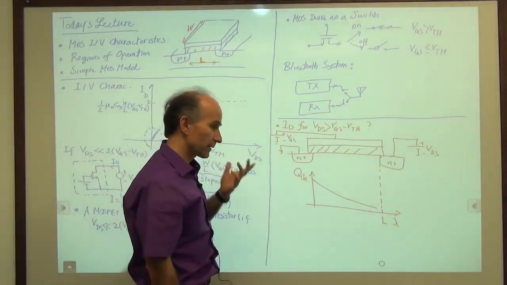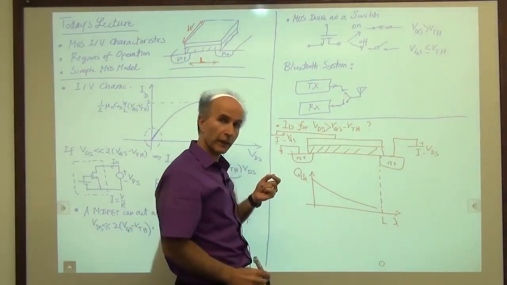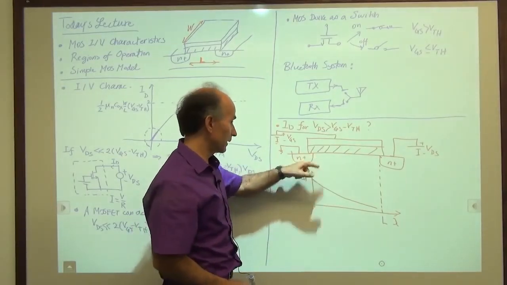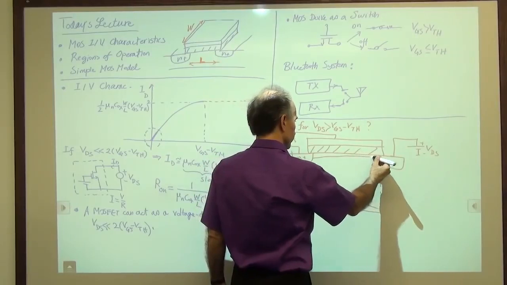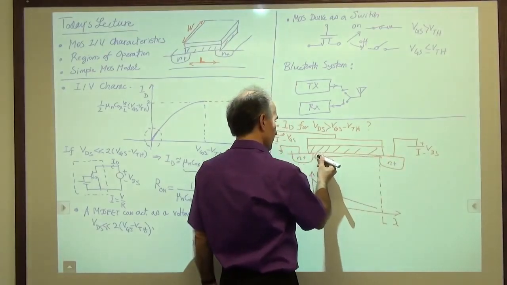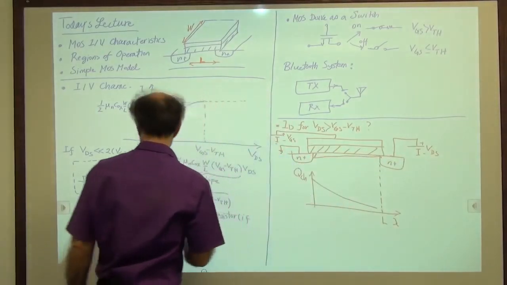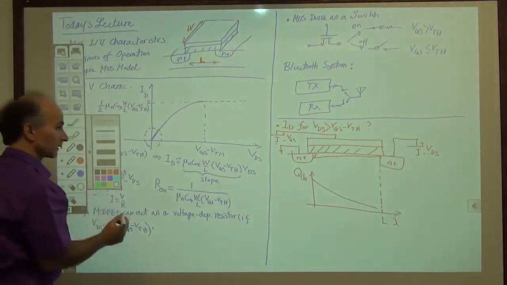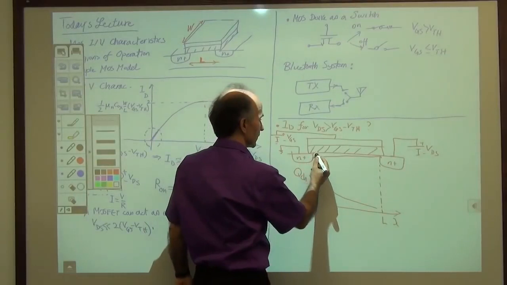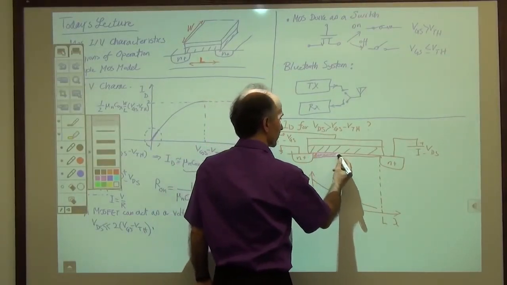Okay, so conceptually, I will try to draw a charge profile in here, and this is how I do it. Okay, so I hope you see this conceptually. I'll change the colors to avoid confusion with the oxide. So here, this means charge density, right?